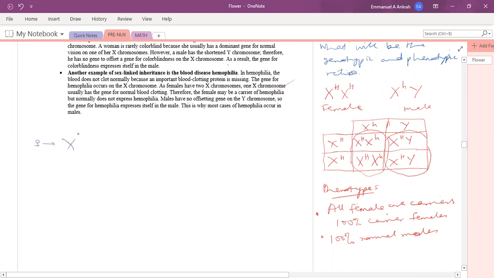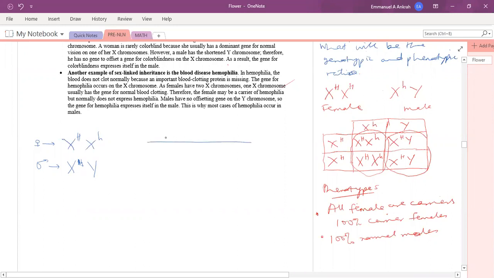So X, H, and X, h, carrier female. And let's say that the male is normal. So normal male, X, H, and Y. Okay. What is going to happen if they produce offspring?